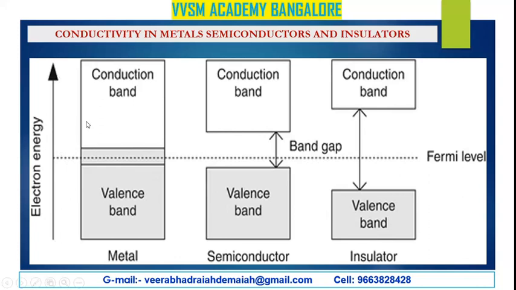Between the conduction band and valence band, the forbidden gap, the band gap, is very small in the case of metals.